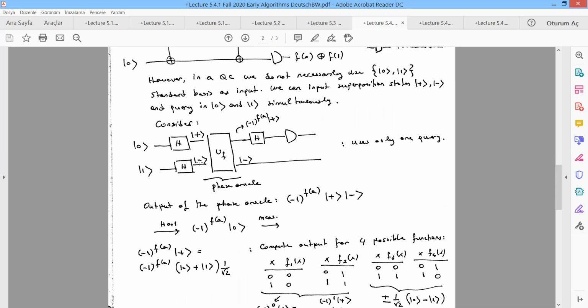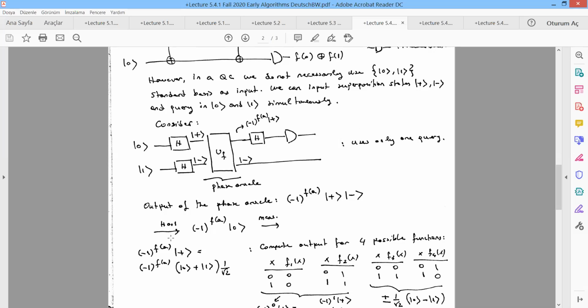Remember, the phase oracle was used when we have the ancilla bit as ket minus state, and we had discussed the output of the phase oracle was -1 to the f of x, ket x, with ket plus now in the input, tensored with ket minus. This is now the state in the output of the phase oracle.